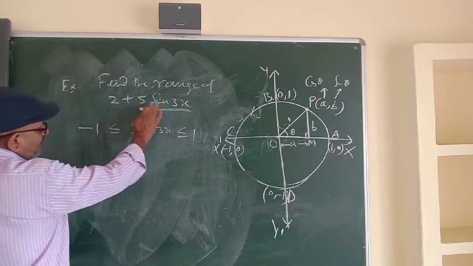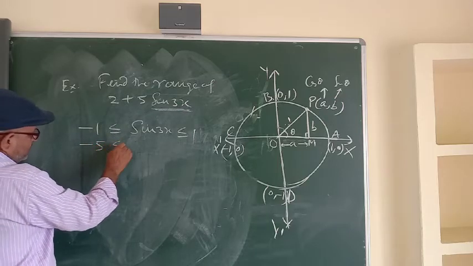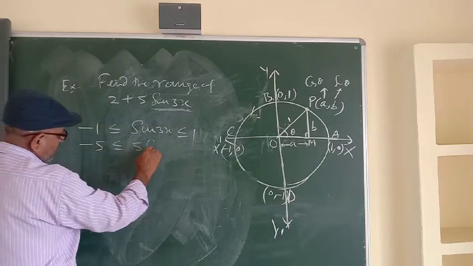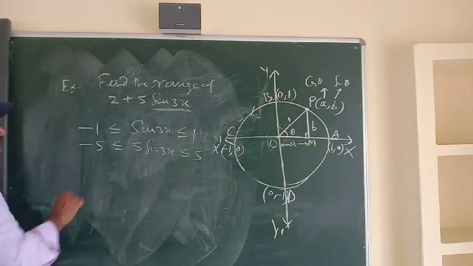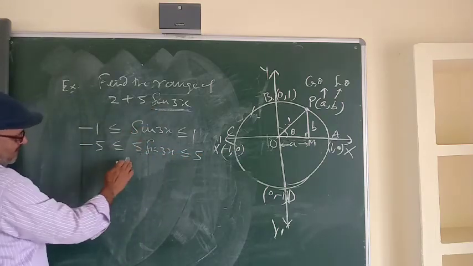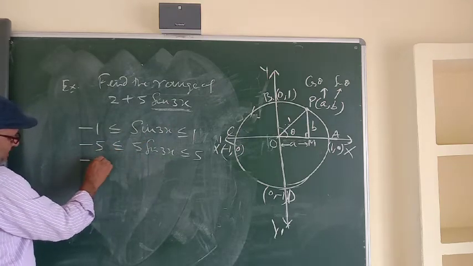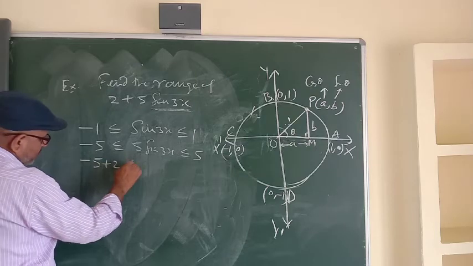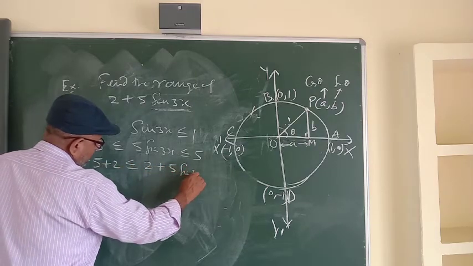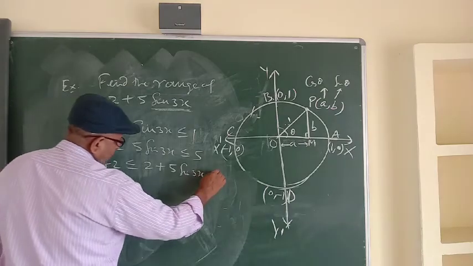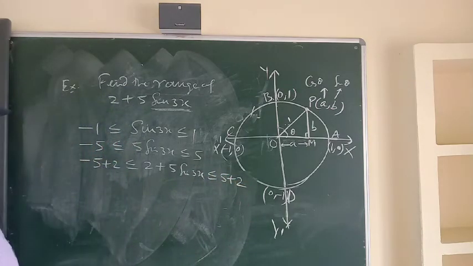We want 5 sine 3x, so multiply both sides by 5. Minus 5 is less than or equal to 5 sine 3x, which is less than or equal to 5. Here we have 2 plus 5 sine 3x, so to bring in the 2, we add 2. Minus 5 plus 2 is less than or equal to 2 plus 5 sine 3x, which is less than or equal to 5 plus 2.